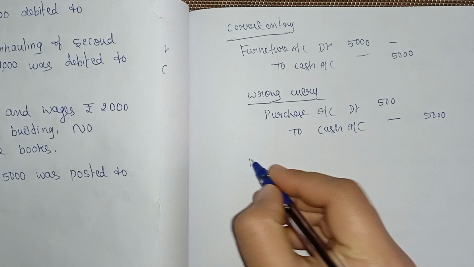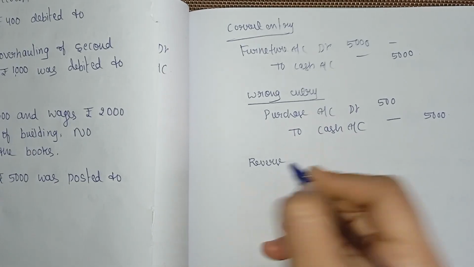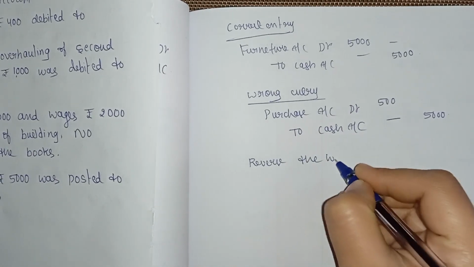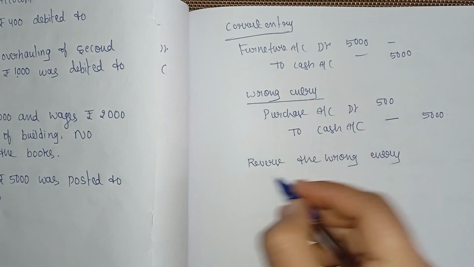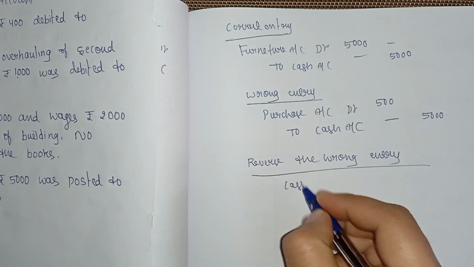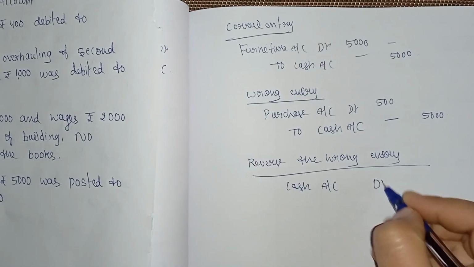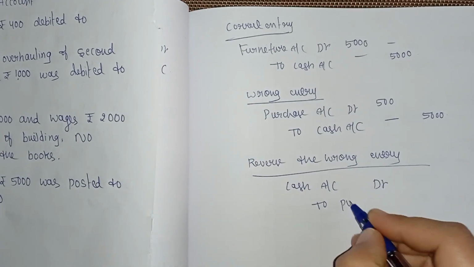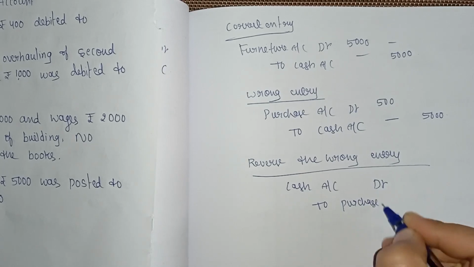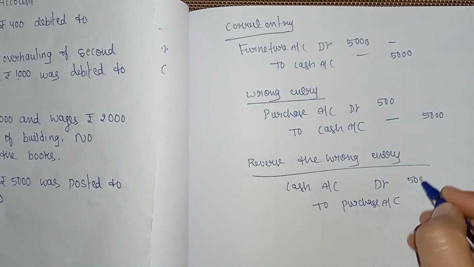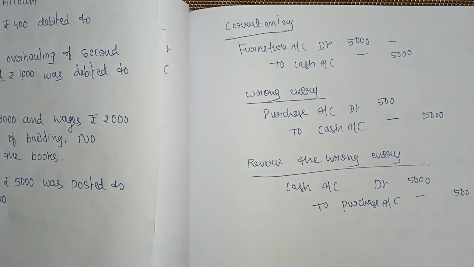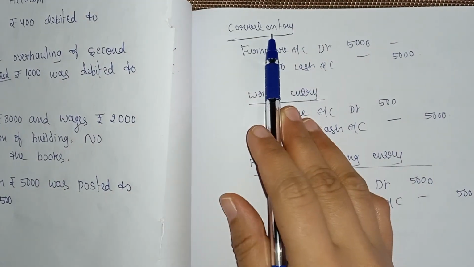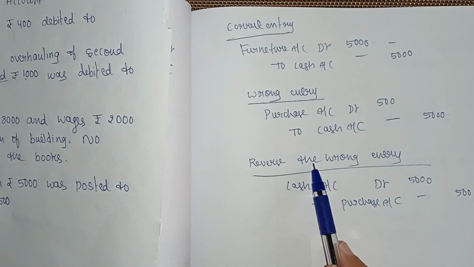Now what do you have to do? You have to reverse the wrong entry. Cash account debtor to purchase account. Cash account is 5000 and purchase account is rupees 500. Now compare the correct entry and the reversed wrong entry.